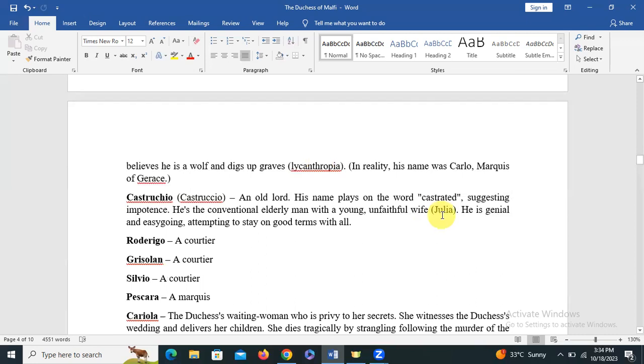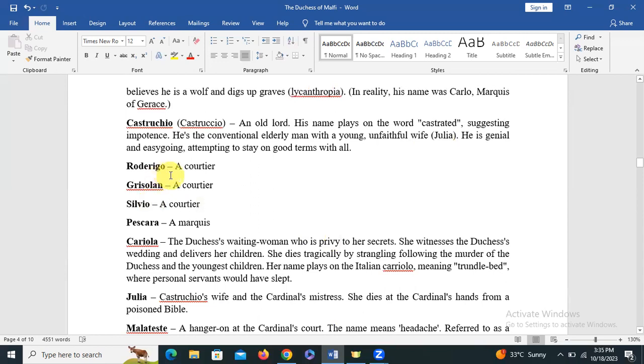She was the wife of Castruccio and the mistress to the Cardinal, and there was another thing: she also loved Bosola, as I told you in the last lecture, right? That is how Bosola sent her to the Cardinal. So we are going to see all these things. This person, Castruccio, is genial. Genial, you can call it friendly. He's genial and easygoing, attempting to stay on good terms with all.